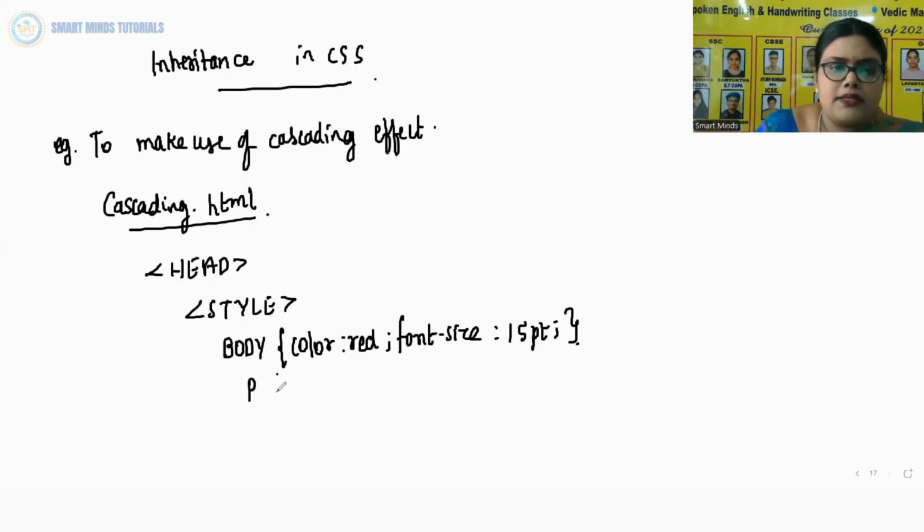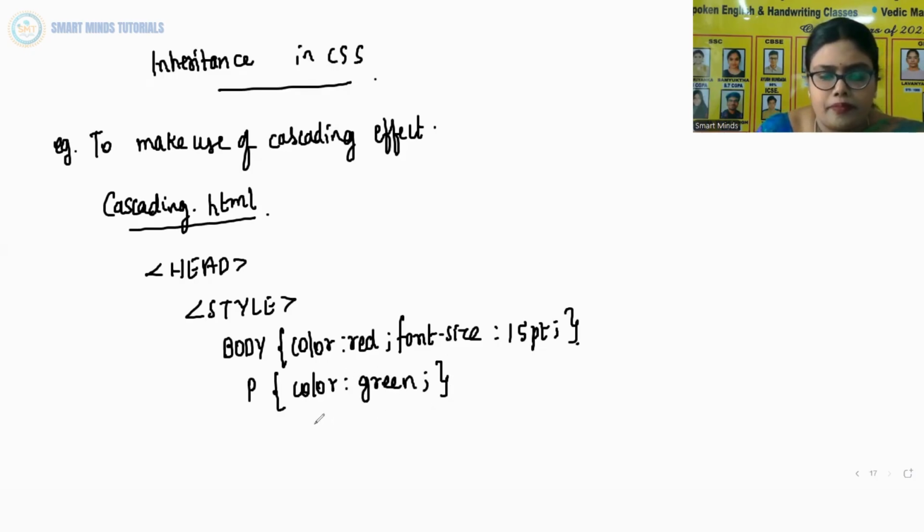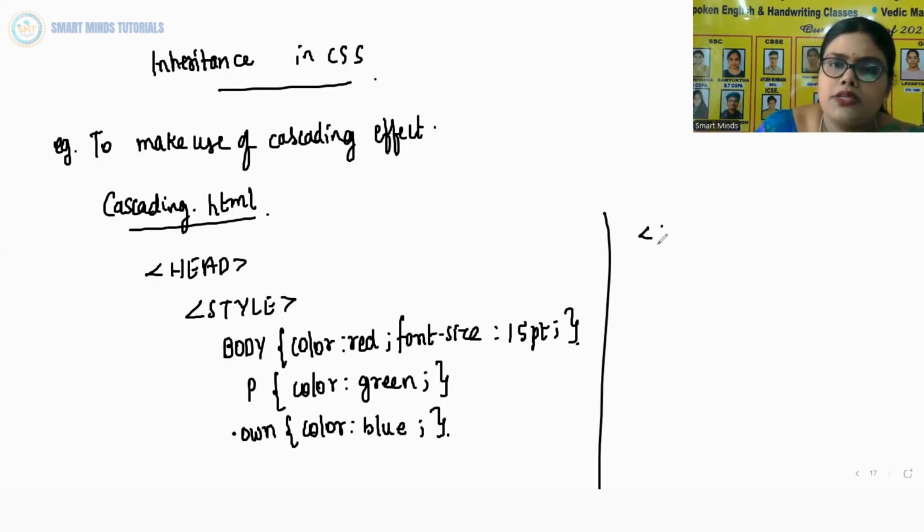Then P is the selector, the property is color, its value is green. Then dot on, this is the selector, color is blue here. Now we close the style tag and close the head tag.